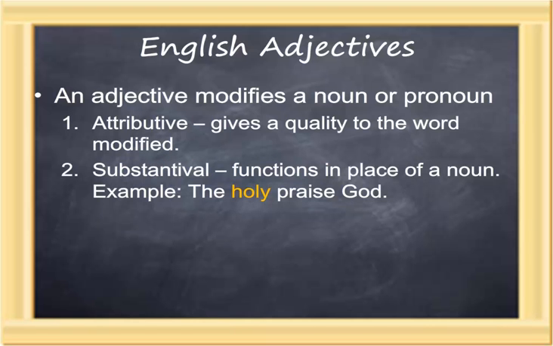But an adjective in English can also function as a substantive, that is, in the place of a noun. For example, the holy praise God. There the adjective holy takes the place of the holy people, the holy ones, something like that.